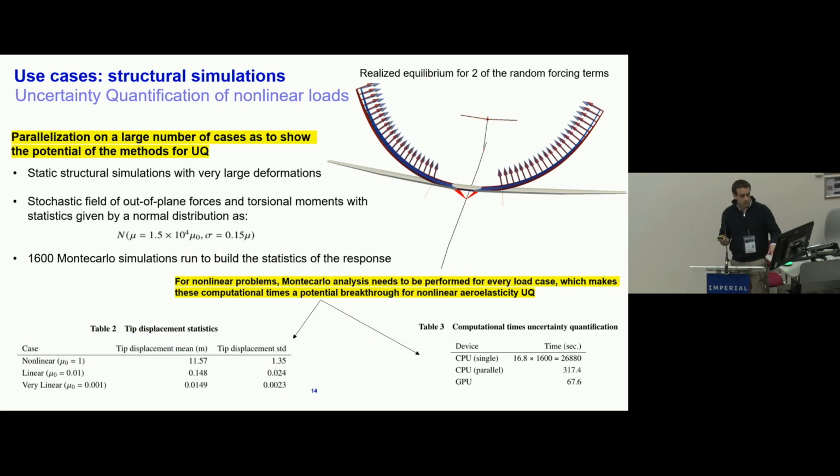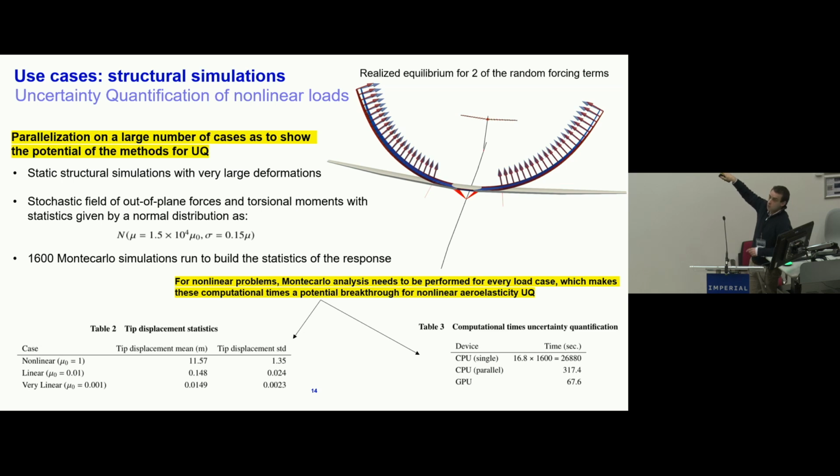On the next case, this is also a structural case, but here doing uncertainty quantification. So we have a stochastic field on the wings, and basically it's normal distribution forcing terms. But then the key point here, if you do linear or very linear, you can extrapolate.